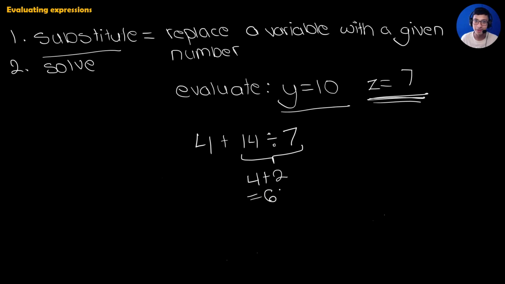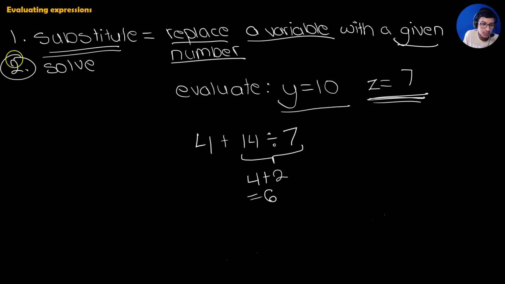So easy, right? Now let's recap what we have done. When we evaluate an expression, we first substitute, which means to replace the variable with a given number. Then the second step is to simply solve.